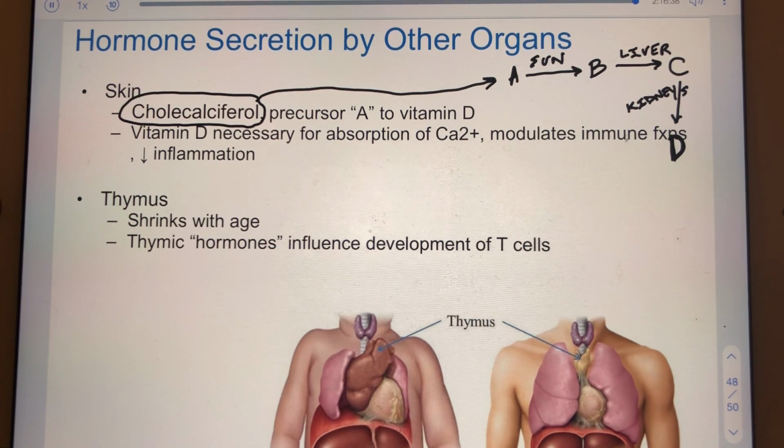Pretty cool. Now, the thymus, I just squished into this slide because I had so much room, sits on top of the heart. When we're infants, it's actually quite pronounced. It's quite large because it acts as sort of like a boot camp or a training site for T cells or T lymphocytes.